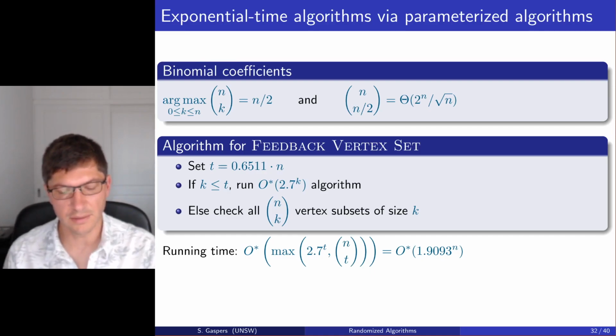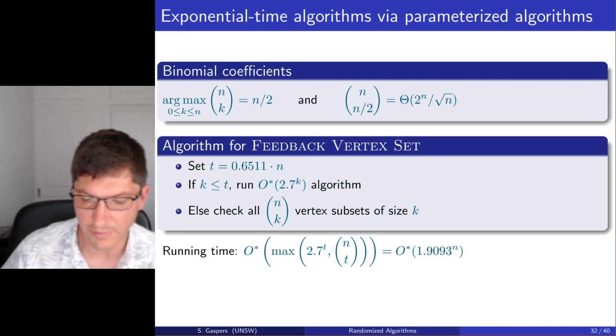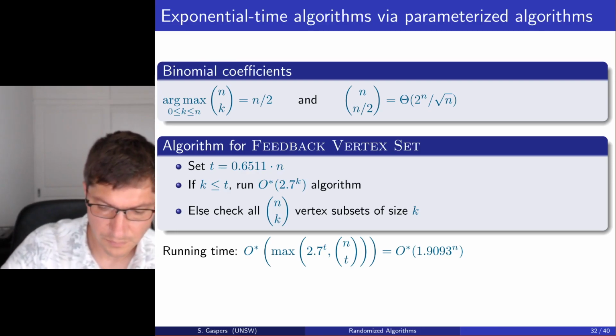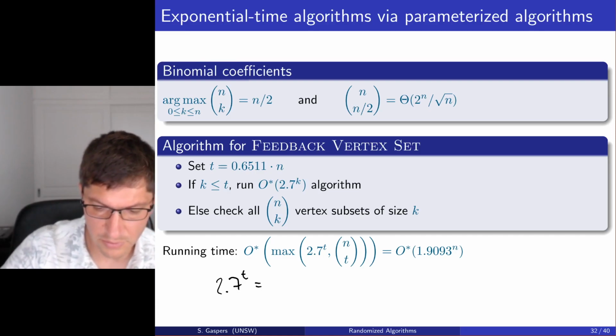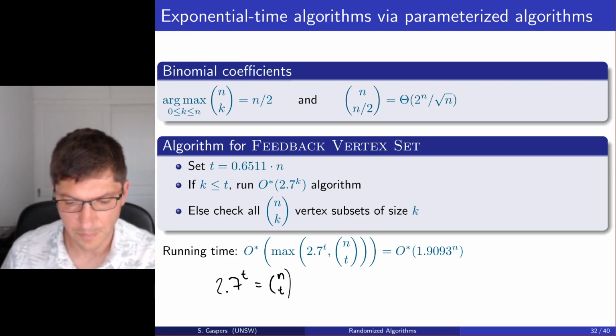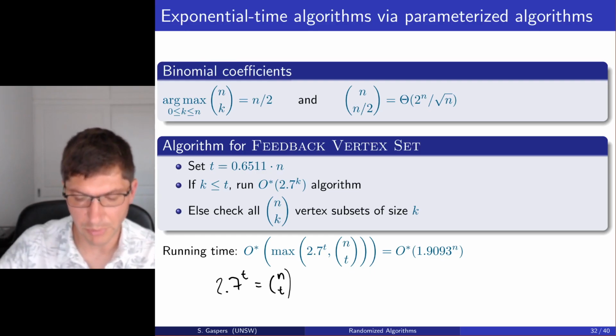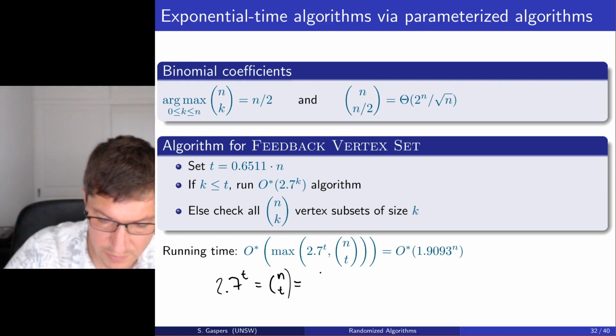So how have we selected this value t? Well, we solve the equation 2.7 to the power t is equal to n choose t. So when are those two equal? Well, for n choose t, we will use Stirling's approximation. So n choose t is n factorial divided by t factorial times n minus t factorial.